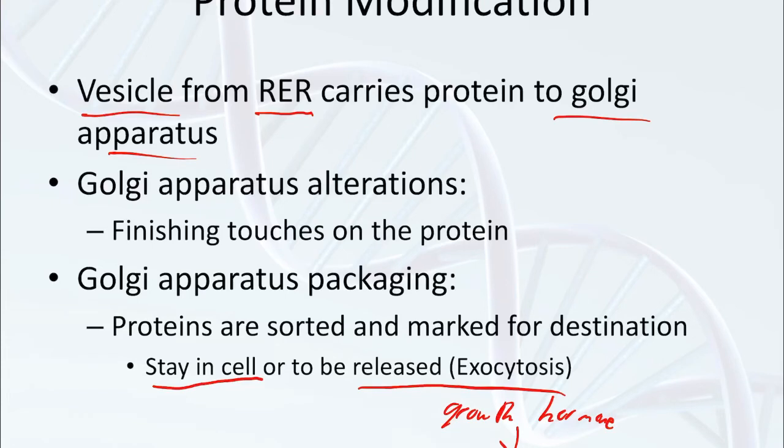But let's say it's a protein that's going to be an enzyme used for cell structure, one of those proteins that holds the cell together. It's going to stay right there in the cell. So it totally depends on what the protein's being used for. And the Golgi apparatus has the job of sorting and marking and sending that protein where it needs to go.